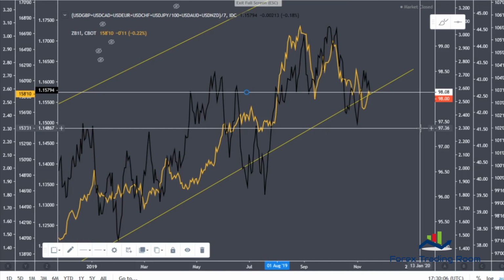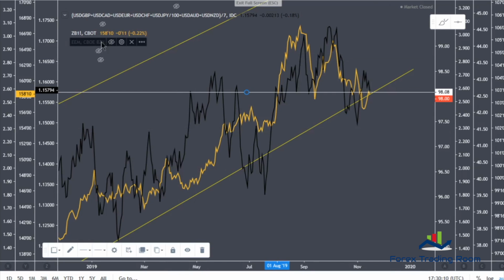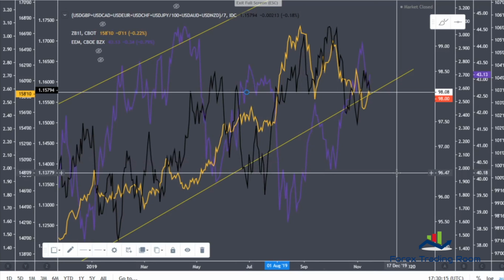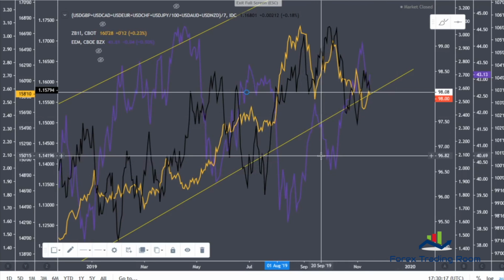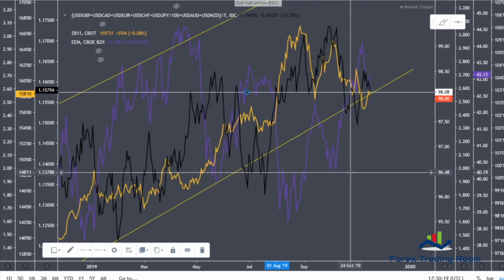On top of this, we can look at emerging markets, which can be a good confirmation of further market direction. EEM is highlighted in the blue area, and we can see this is negatively correlated with the weighted average and the ZB1 or the bond futures.